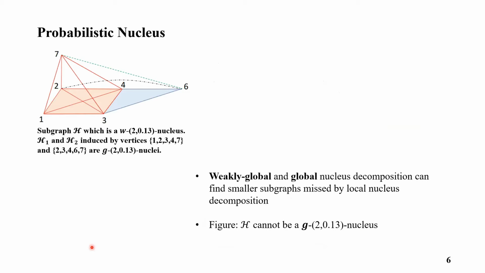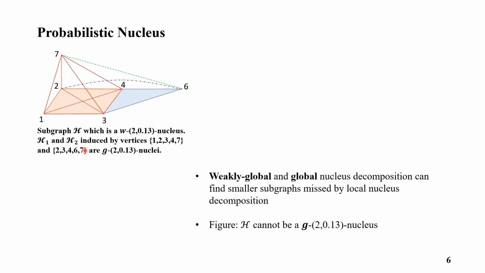Here, subgraph H, a smaller part of the graph in the previous slide, corresponds to a weakly global nucleus, and it can be verified that it cannot be a global nucleus because some of the triangles, like triangle by vertices 1, 2, 3, cannot have enough support to be part of many possible worlds which are deterministic K-(3,4) nucleus.